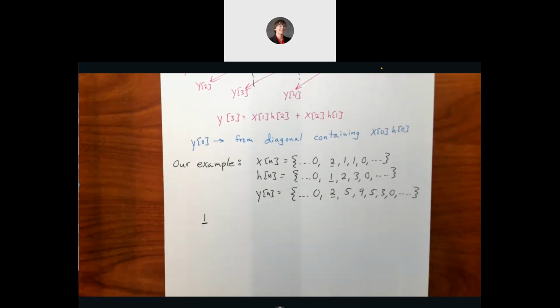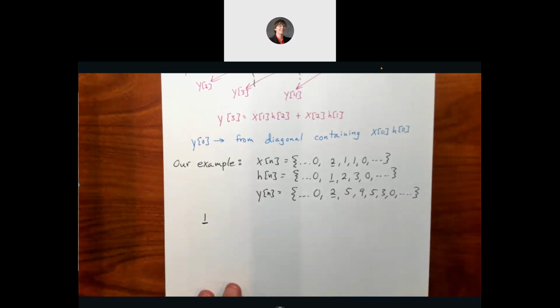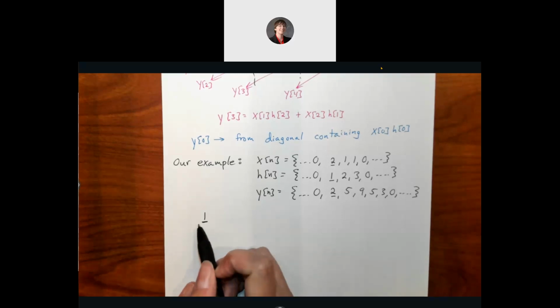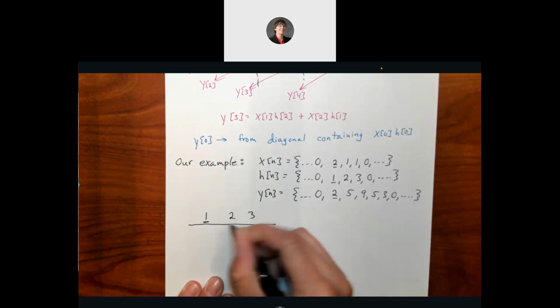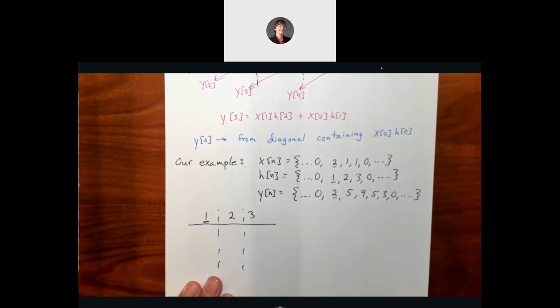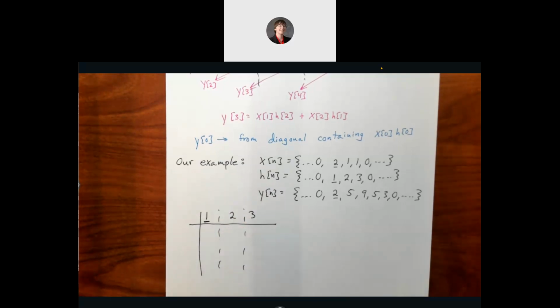So we have 1, and I want to make a point of indicating which one corresponds to n equals 0, so I can use that to figure out what my n equals 0 reference is for y. So we have 1, 2, and 3 to label our columns.